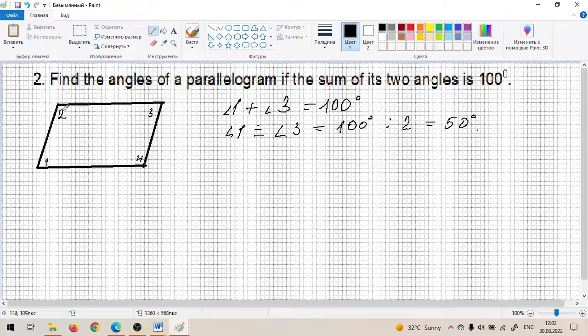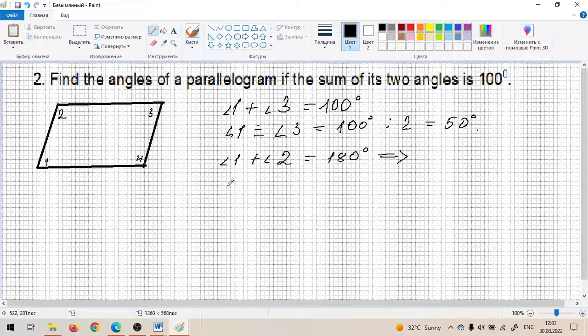Next, these two angles are one-sided angles. Their sum is 180 degrees. So angle 1 plus angle 2 is 180 degrees.